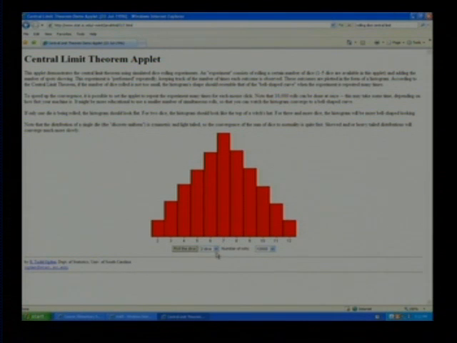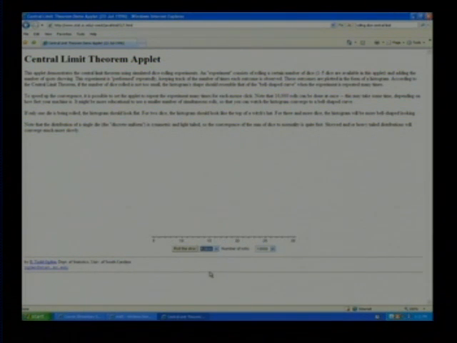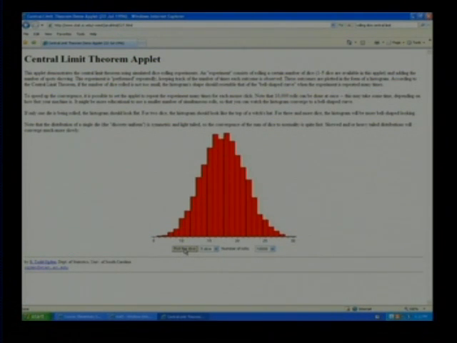Okay, now I'm going to kick up the number of dice to 5, and let's just skip to the chase and roll it 10,000 times. Let's do it again. You see, what's happening here is this is approaching a normal, bell-shaped curve. That's just an example of the central limit theorem, which we're going to find is a very important theorem in statistics.